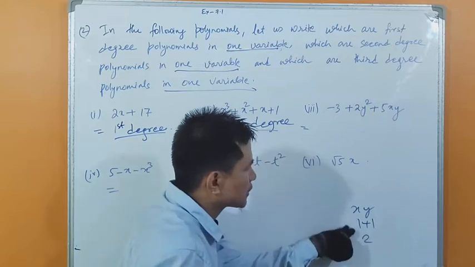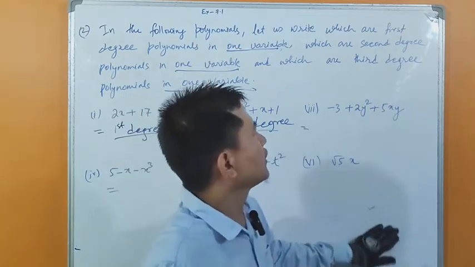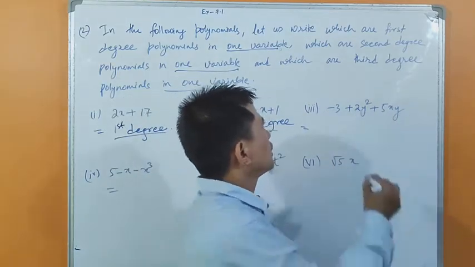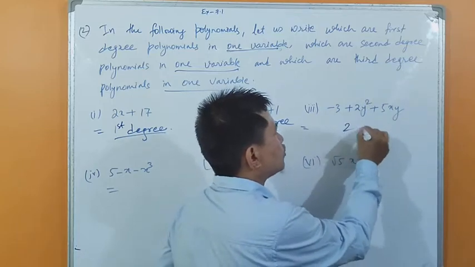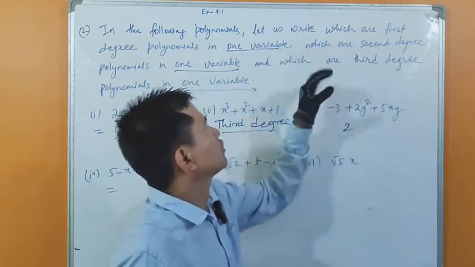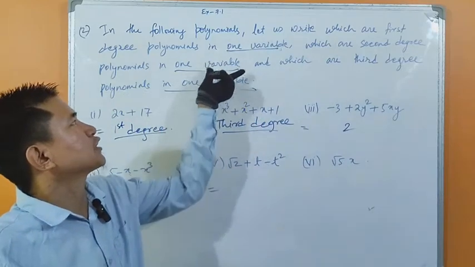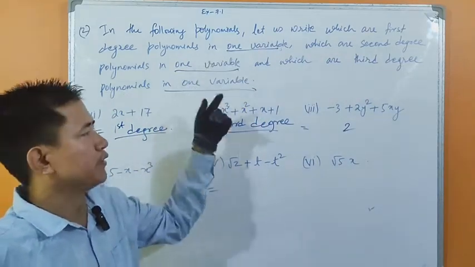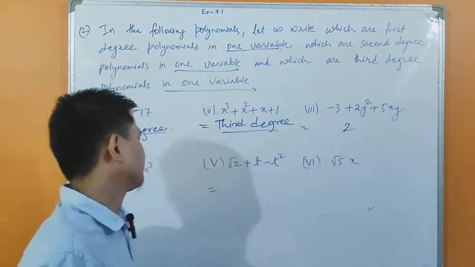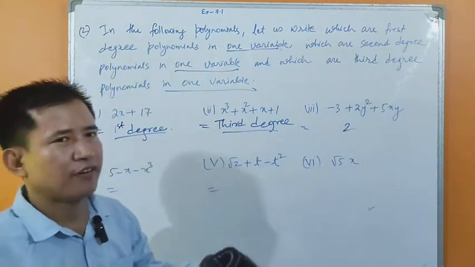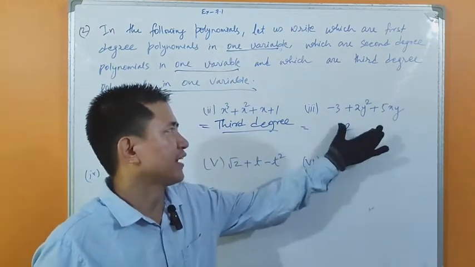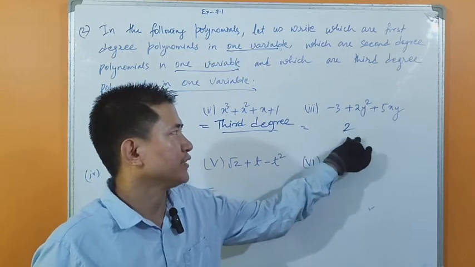The degree of this expression is 2, isn't it? But this is not asked in the question. We are asked to write only the expressions which have only one variable, so we need not write this answer.